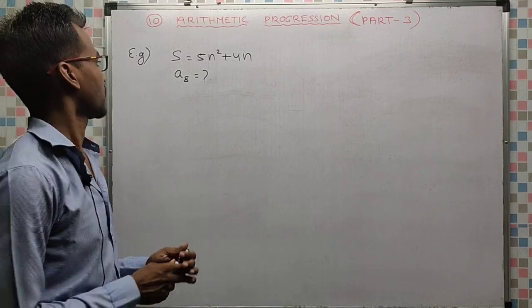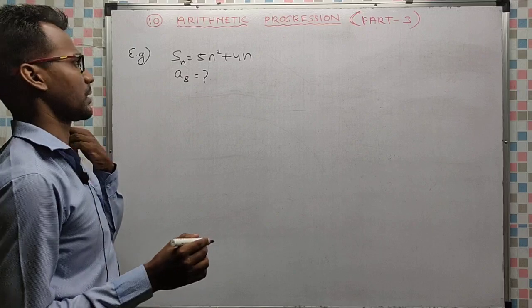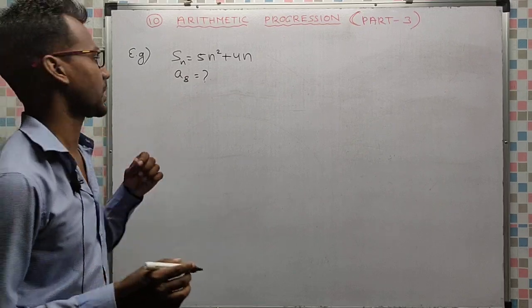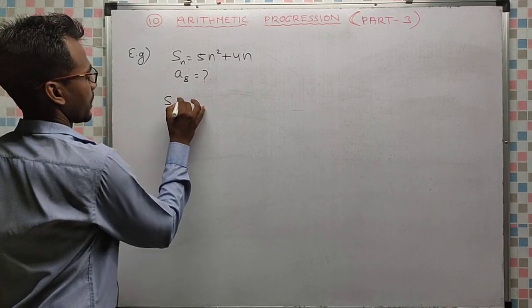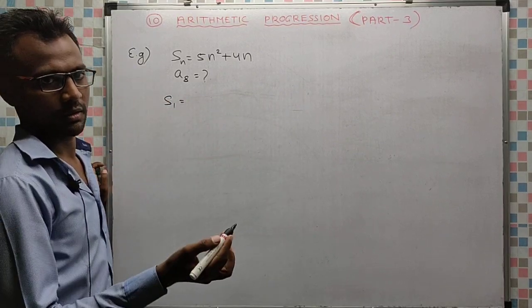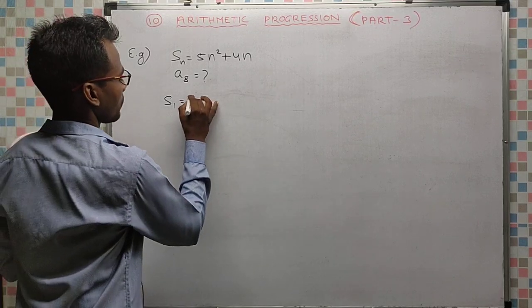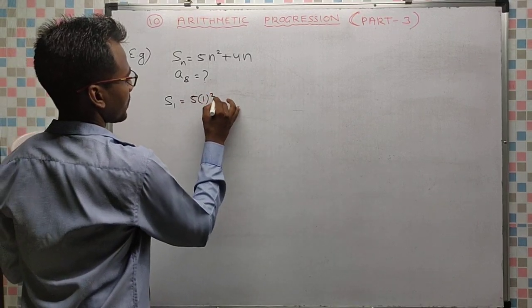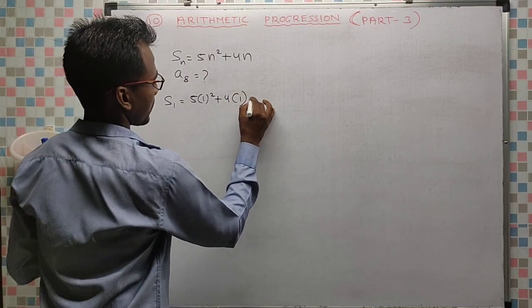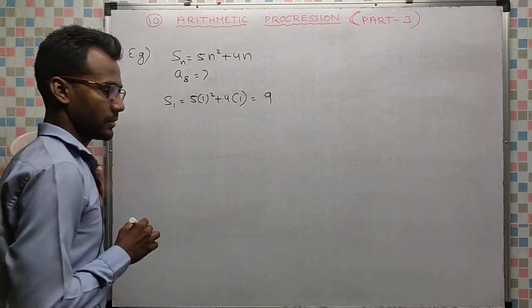The formula for the sum of n natural numbers is 5n square plus 4n. Let's find the sum. S1 means sum of first term only. One term only is equal to 5 into 1 square plus 4 into 1, which is equal to 9.